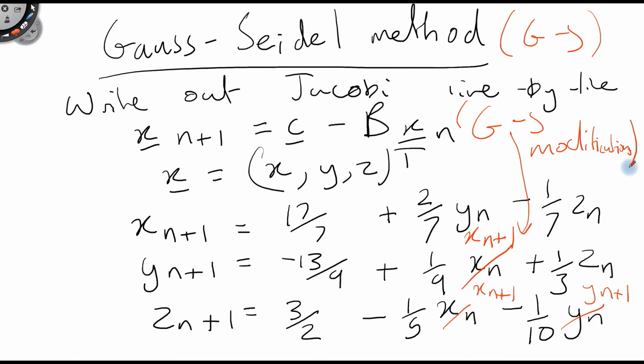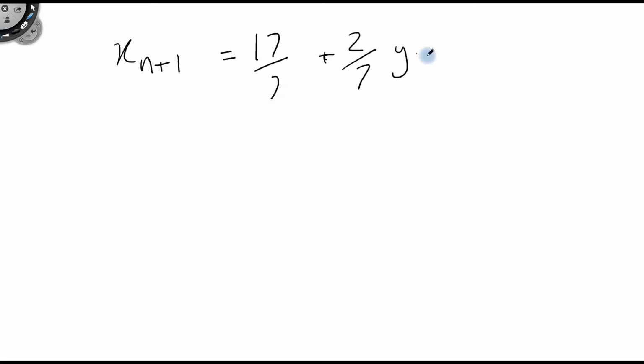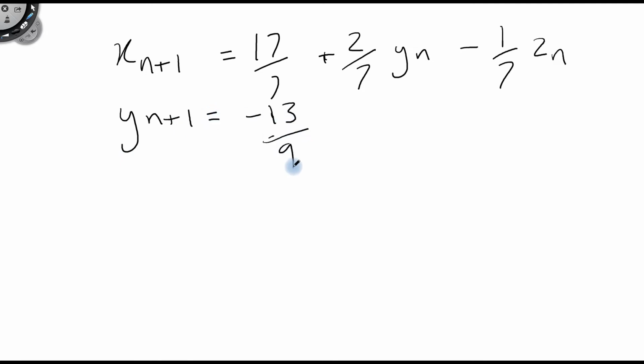So if we were to write out the Gauss-Seidel method now, we'd have the following. x n plus 1 equals 17 on 7 plus 2 sevenths y of n minus 1 over 7 z of n. y n plus 1 equals minus 13 on 9 plus a ninth x of n plus 1.